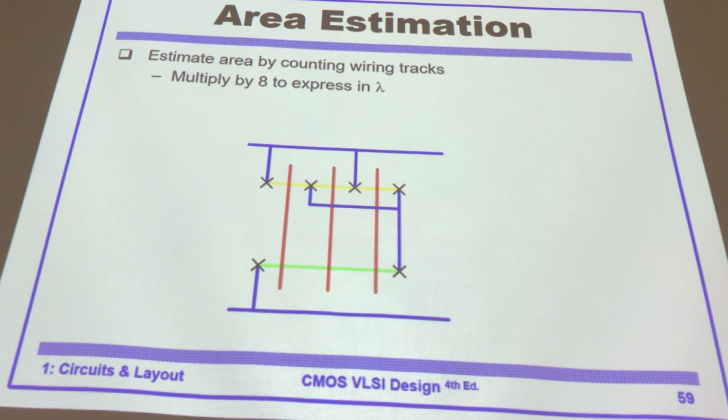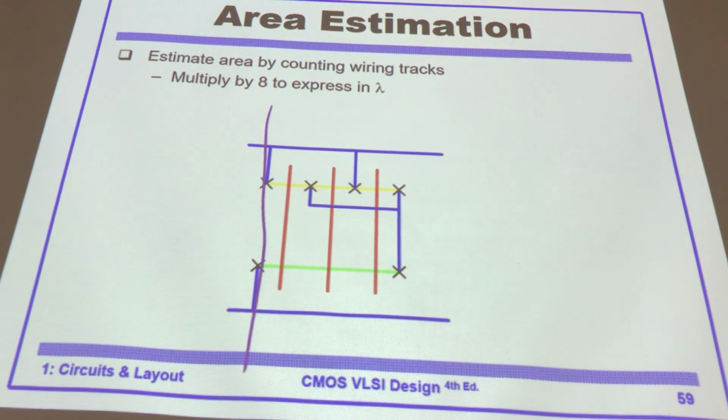Let's try the vertical wiring tracks. How many tracks here? Okay, let's try to count. Here is one track, right? Metal. And this one can be aligned.